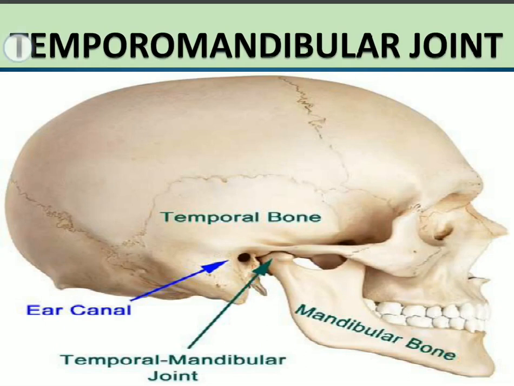So, temporomandibular joint is a condylar variety of synovial joint. So, what is the meaning of condylar joint? A joint in which one articular surface is ovoid in shape. So, you can see here this is the temporomandibular joint, and one articular surface, that is the head of the mandible, is ovoid in shape, and the other articular surface, that is the mandibular fossa, is an elliptical cavity.